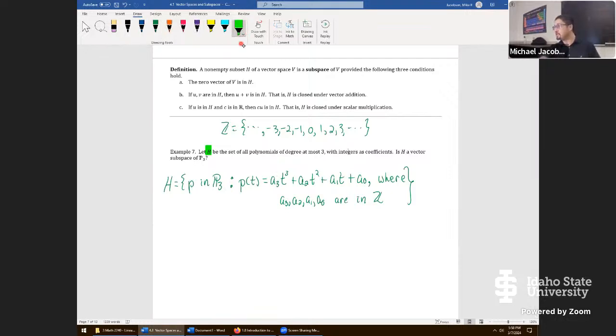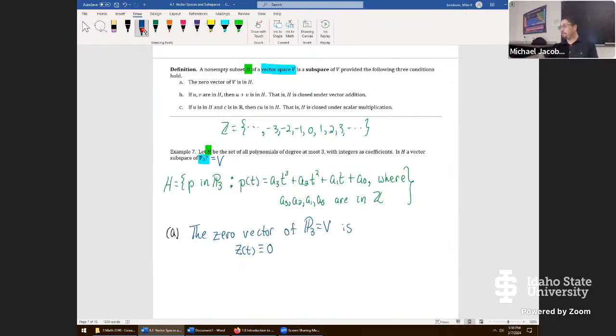Well, let's take a look through the definitions. We're thinking of H and V in this way. When it indicates V, they're talking about the larger space, P3. So let's write that as equals V. And now if you think about the 0 vector, well, the 0 vector of P3, which is equal to V, the larger space, is Z of T, identically equal to 0.